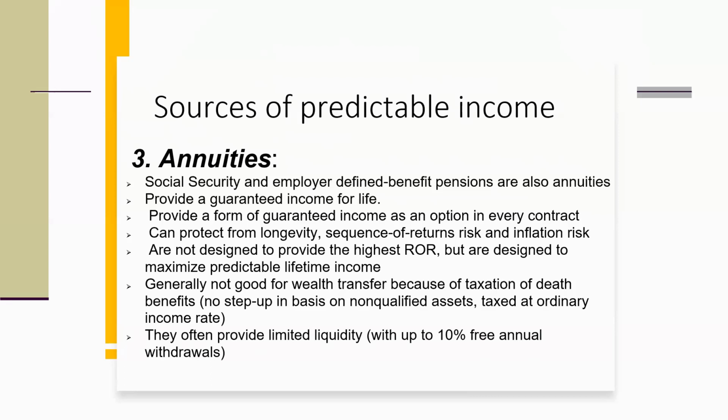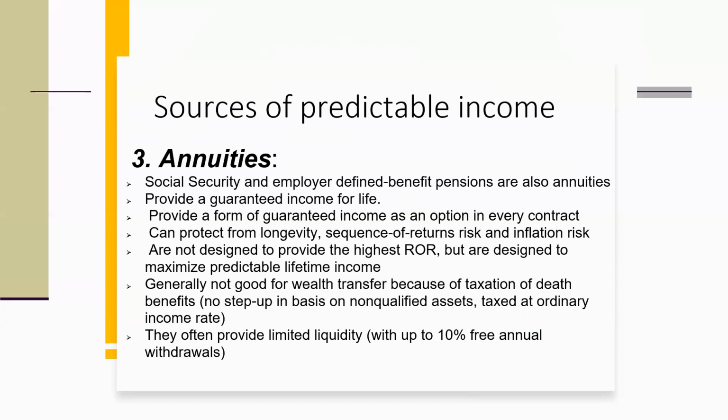The other problem with annuities is they provide limited liquidity. Annuities are considered long-term contracts with insurance companies, and their surrender periods vary. They often range anywhere from as little as a year up to 10 or 15, sometimes 20 years, which is ridiculously long as far as I'm concerned.